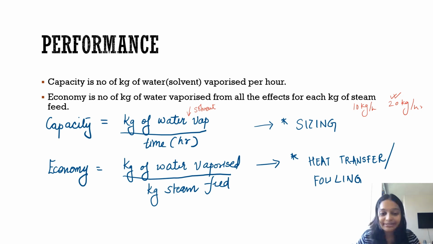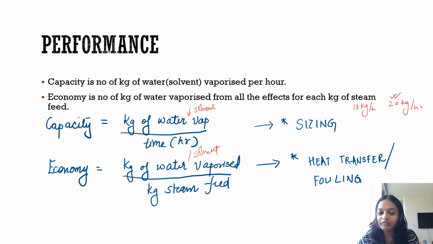Now, what is economy? Economy is kg of water vaporized per kg of steam fed. Why is knowing economy important? Economy tells the heat transfer rate of the evaporator and whether fouling is occurring or not.